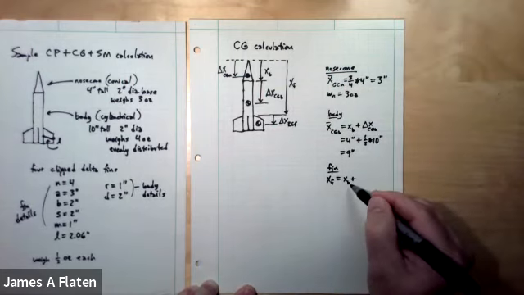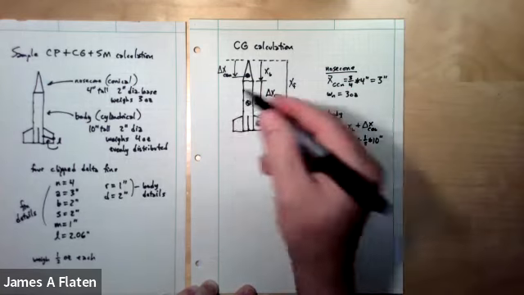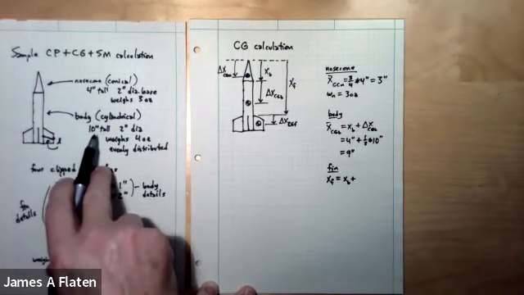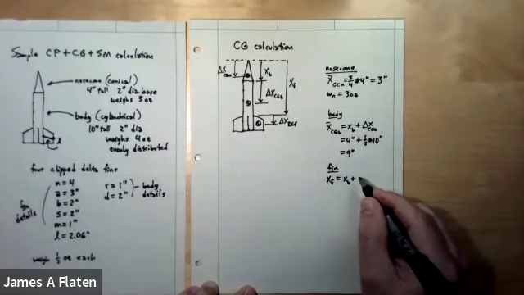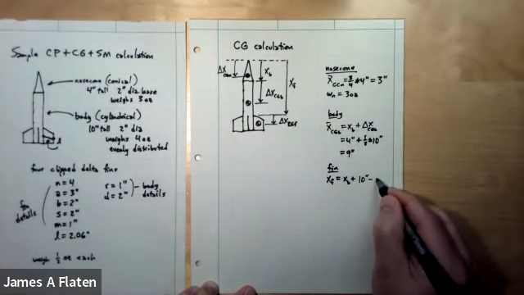So xb is the distance to the body. How about I call the length of the body itself? I don't have it on my values here. Actually, I don't have a variable for it. It's 10 inches tall, right there. Okay, xb plus 10 inches minus a.